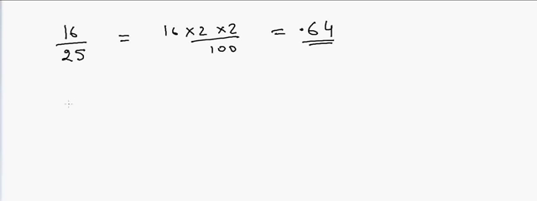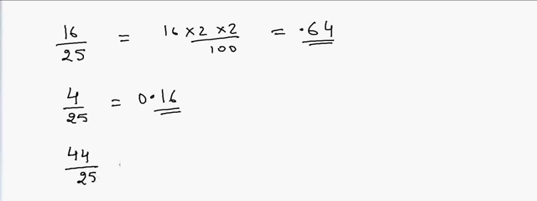Again, if I have 4 divided by 25, that will be equal to 4, double of 4 is 8 and double of 8 is 16, so 0.16. Another example is if I have 44 to divide by 25.